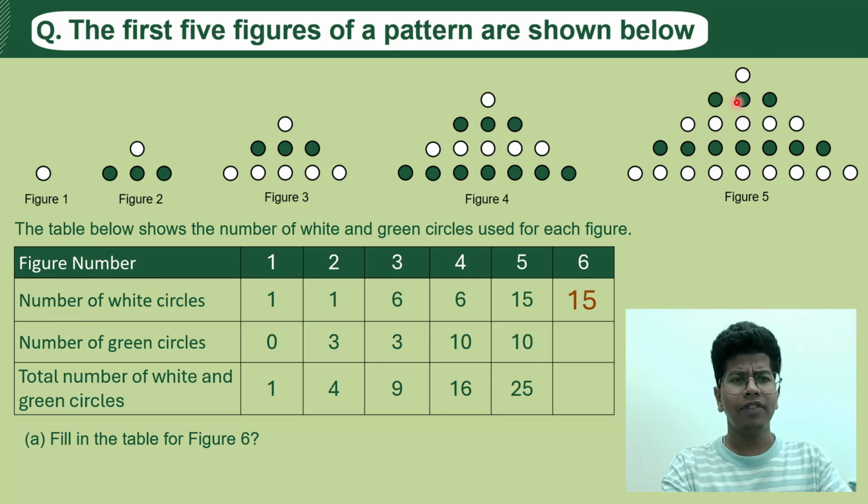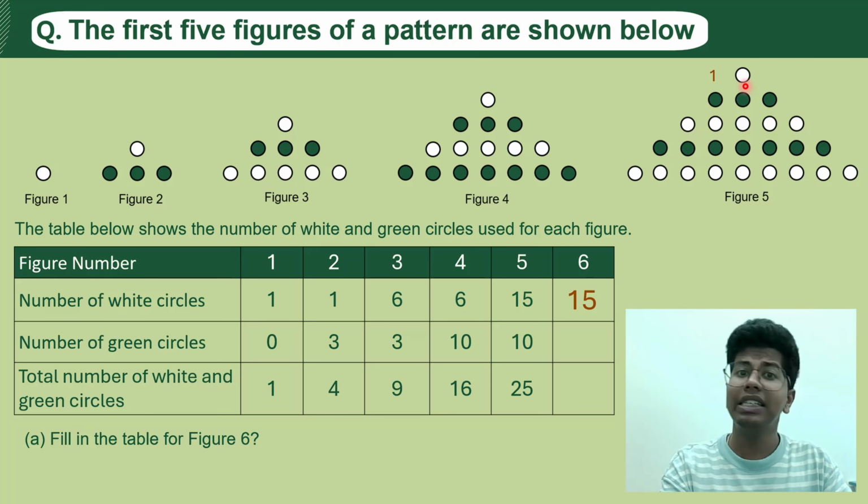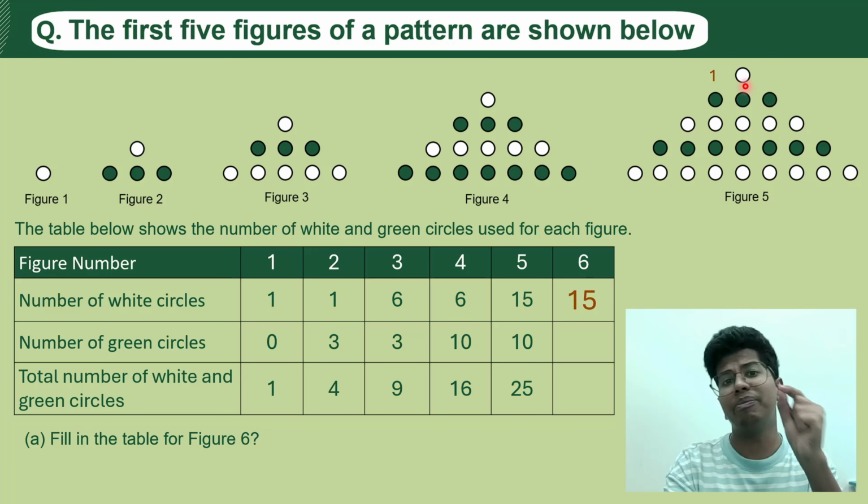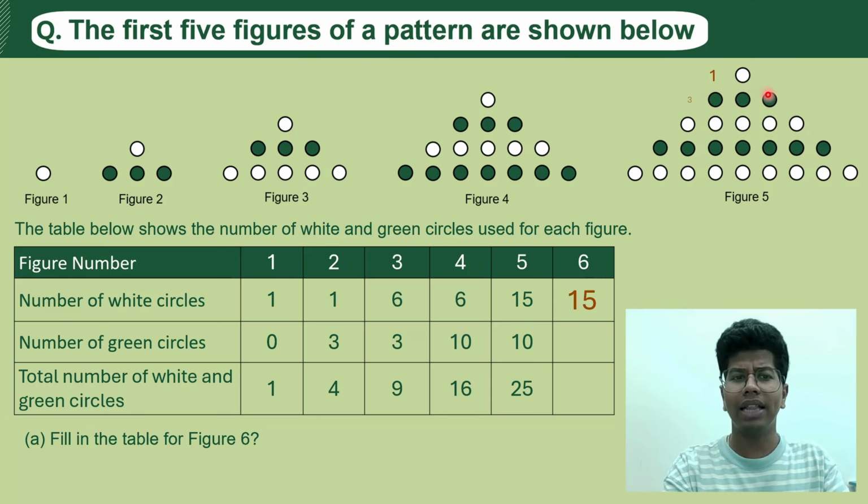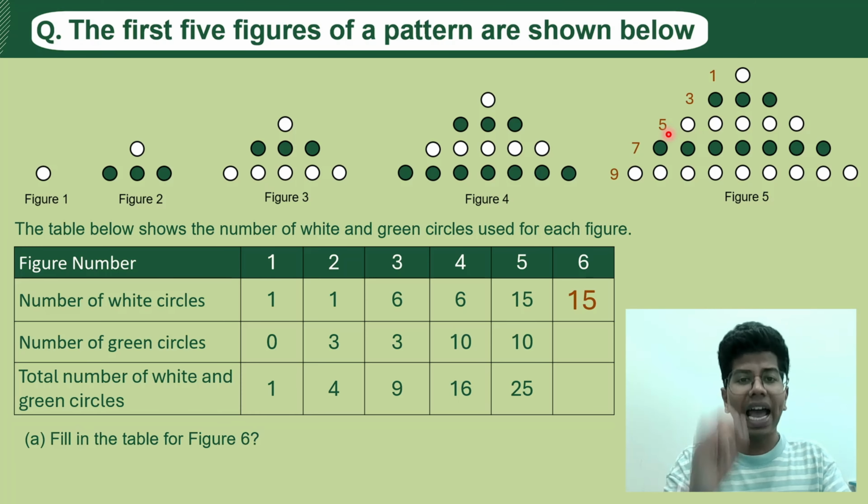In figure 5, you can see there are many rows, right? The first row has only 1 circle. In row 2, count the number of circles, 1, 2 and 3. In row 3, there are 5 circles. In row 4, there are 7. In row 5, there are 9 circles.